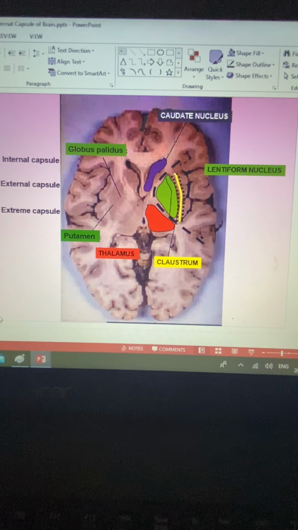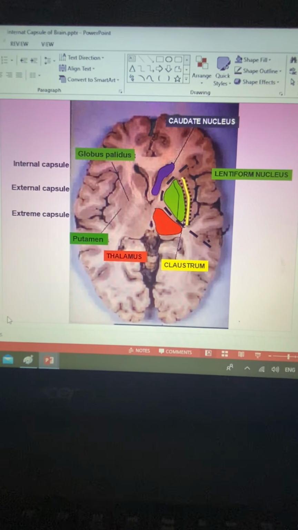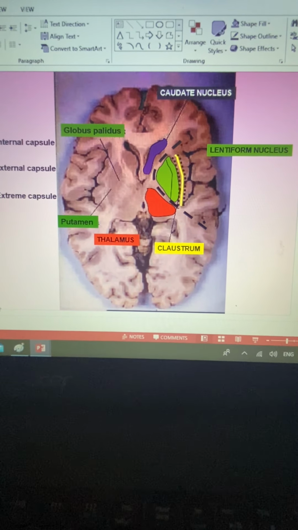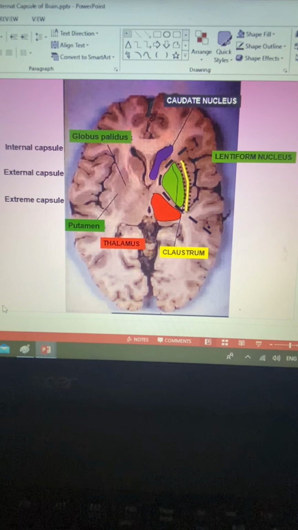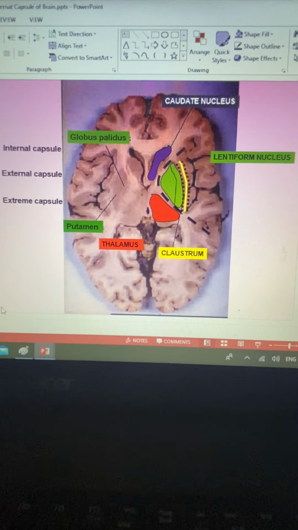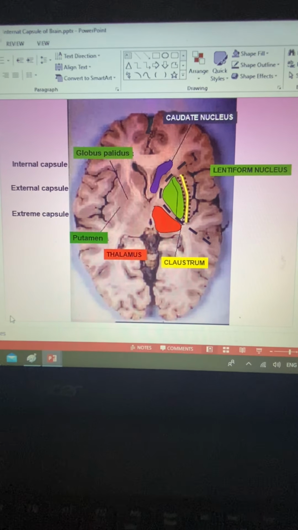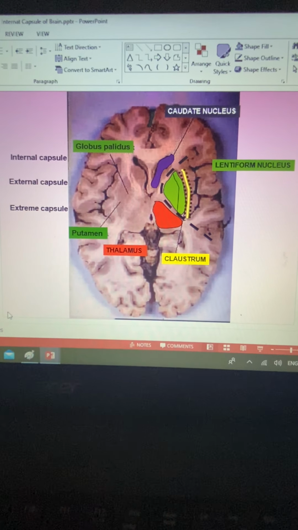Here this black dotted line is the internal capsule. Here is the lentiform nucleus in green. Then the purple is the caudate nucleus. Then in the orange color you can see the thalamus. Right? Then here it is showing you the parts of the lentiform nucleus, that is the globus pallidus and the putamen.